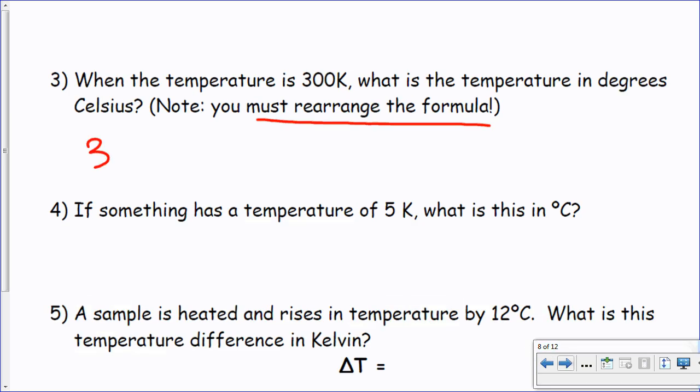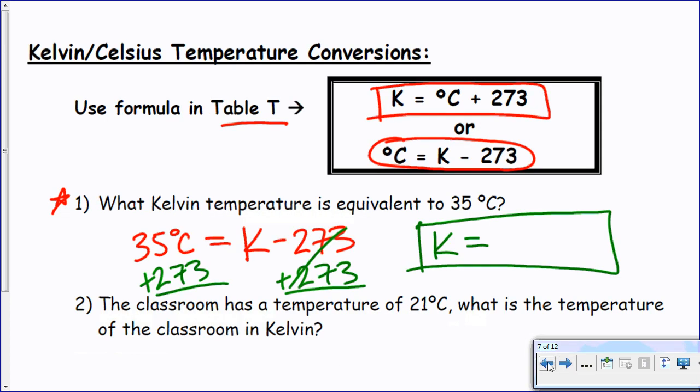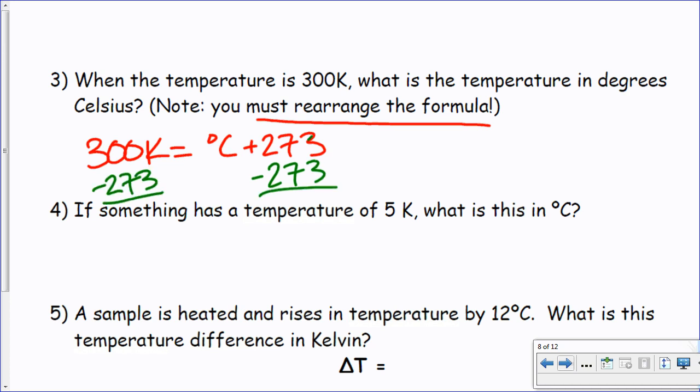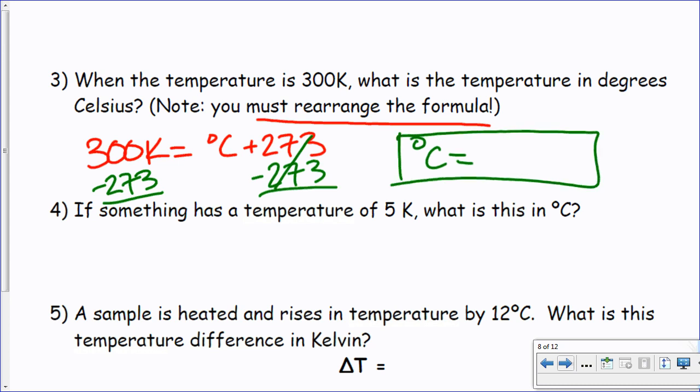So I start 300 equals, let's check our equation, always check, Celsius plus 273. Now I use my superpowers of algebra to subtract 273 from both sides. And our degrees Celsius are equal to your answer. You see that for your calculation.